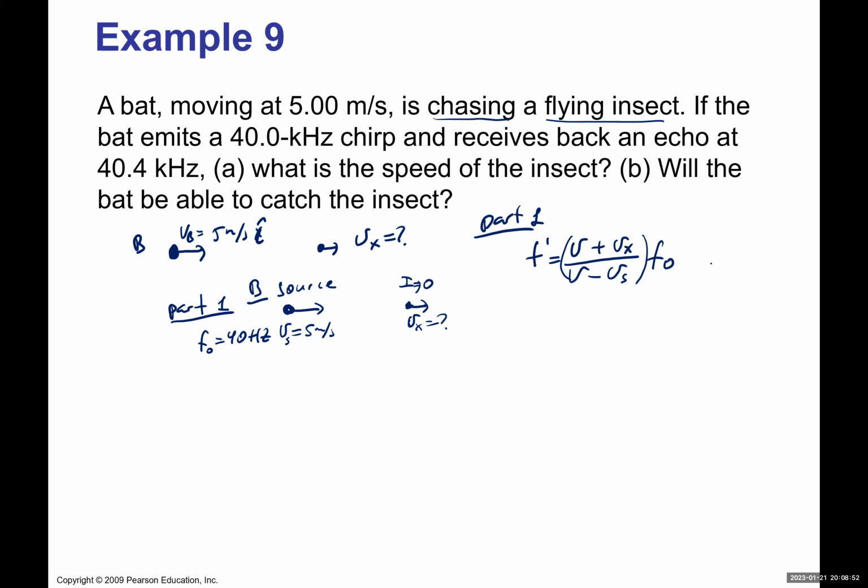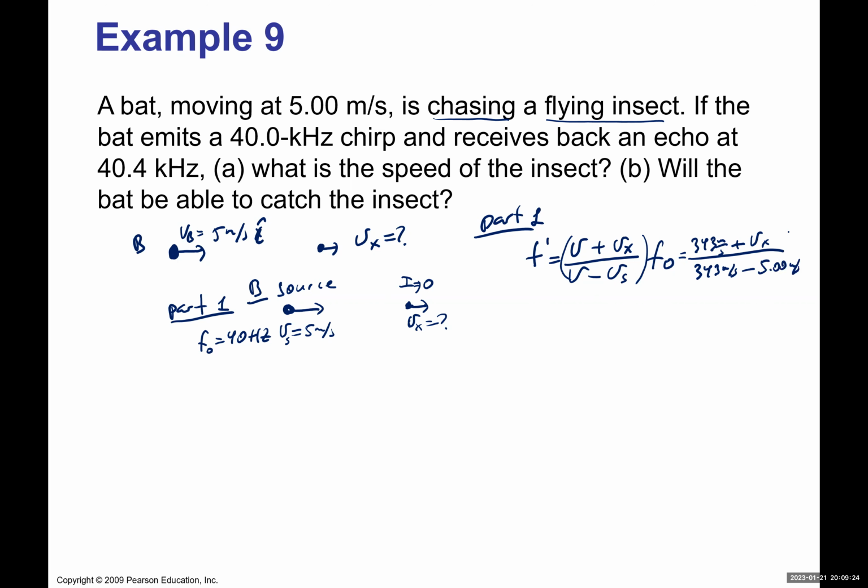Then let's look at part two. If you want, you can plug in some values. This is 343 meters per second plus Vx, over 343 meters per second minus, since the bat is moving toward the insect, minus 5 meters per second.